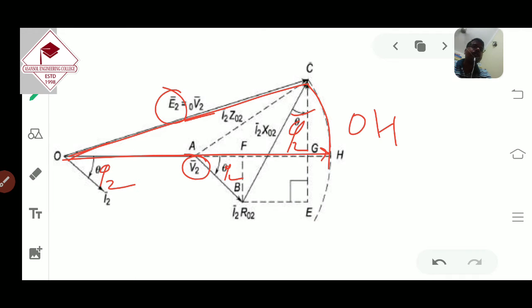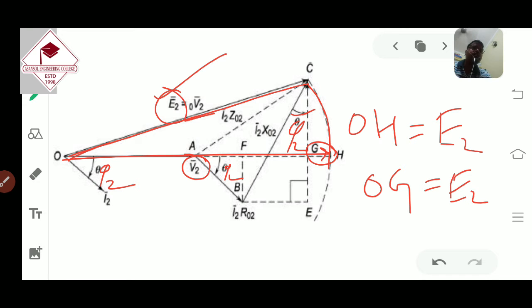OH is equal to E2, because this is the radius of this arc. Now from OH, this GH part we can easily neglect, because it is very small with respect to OH. So now this OG will become E2, which we can consider with some error.